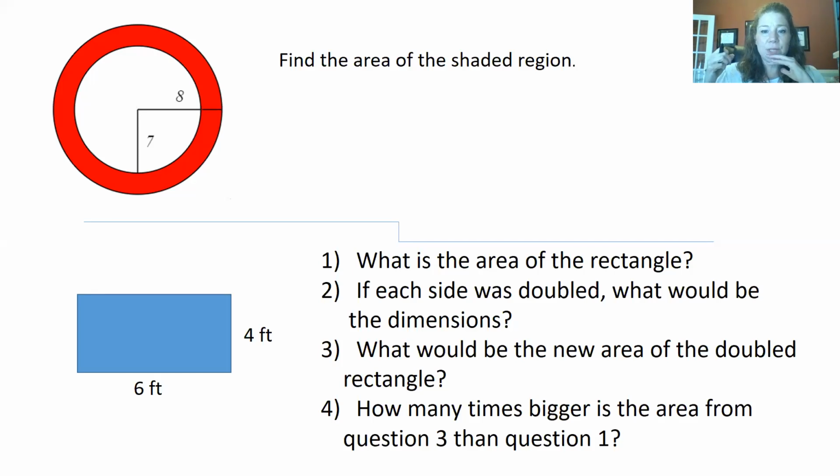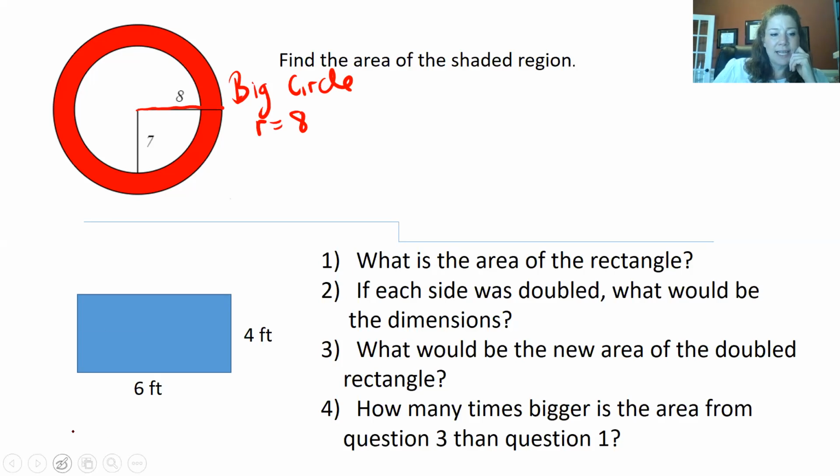So basically that's what we're gonna do. We're gonna find the area of the biggest circle and then we're gonna subtract out the area of the white circle. So the big circle has a radius that is 8. So from here all the way to the edge, that's 8.